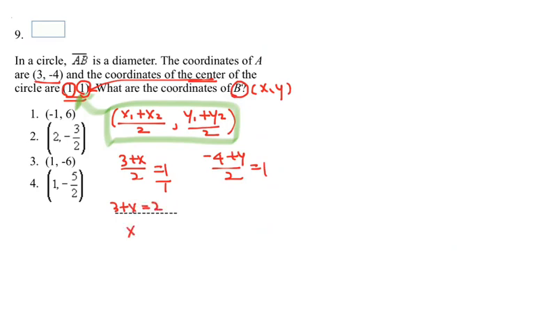Subtracting 3, so x must be equal to negative 1. How about here, when we cross multiply them, negative 4 plus y equals 2. Then when we add 4 to both sides, y must be equal to 6. So 1 comma 6 must be the point B value. Or I mean negative 1 comma 6, which is choice 1.